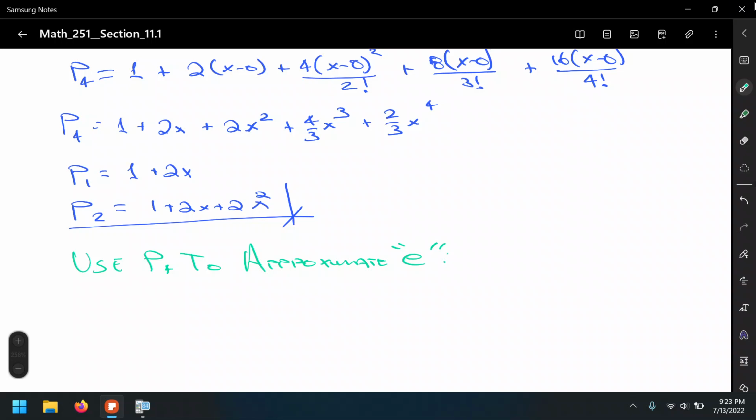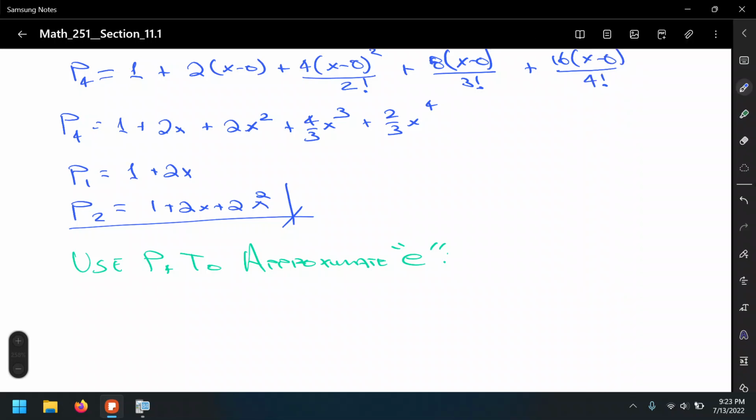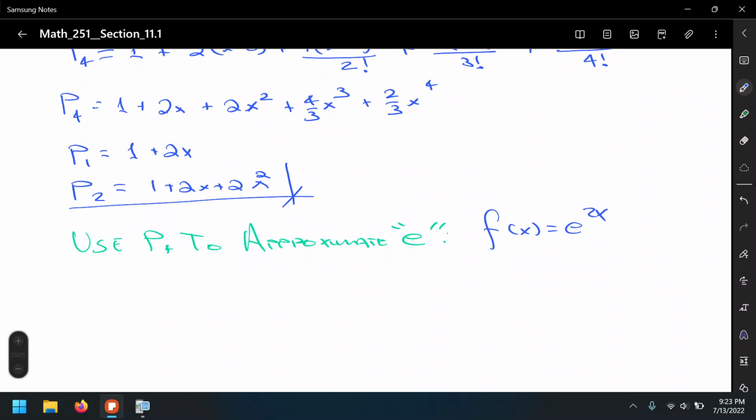Well, so in this case, we need to be careful here, because our f of x equals e to the 2x. So we're going to use the polynomial P4, plugging in a convenient value that approximates e.